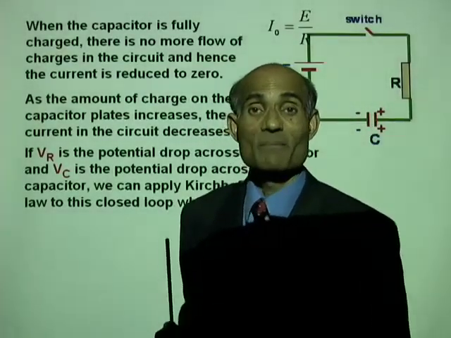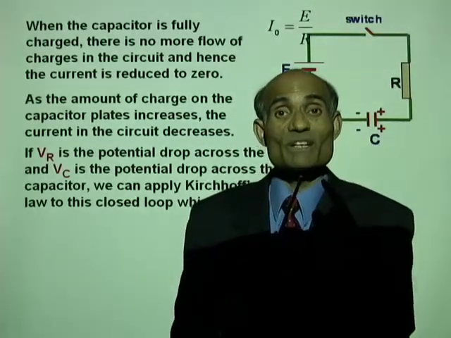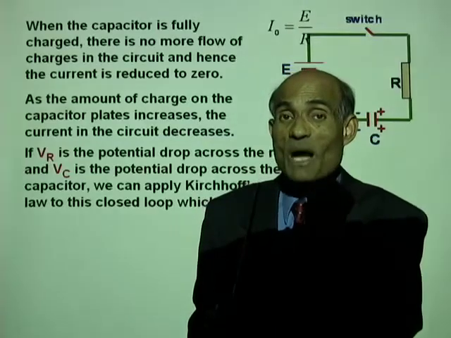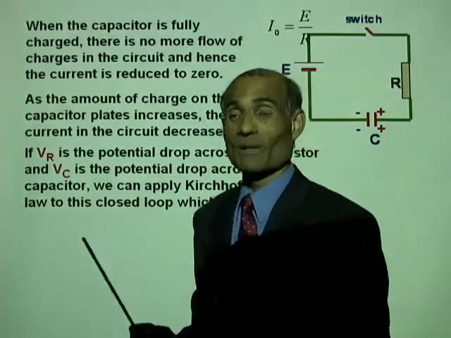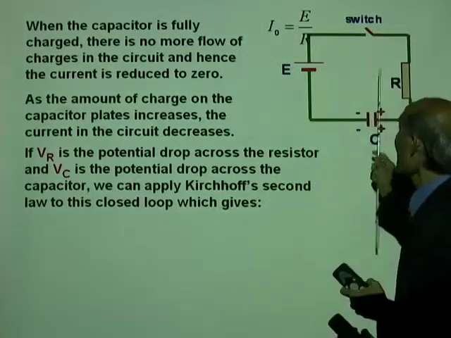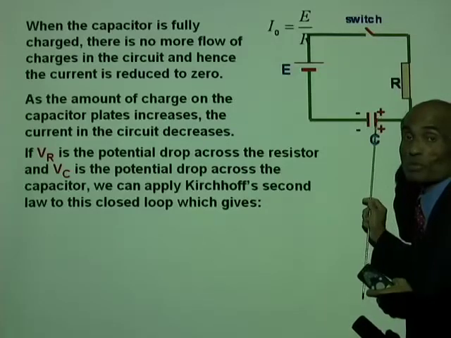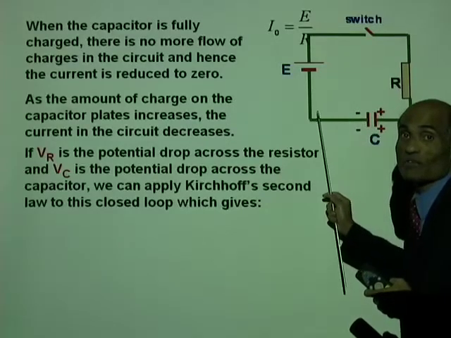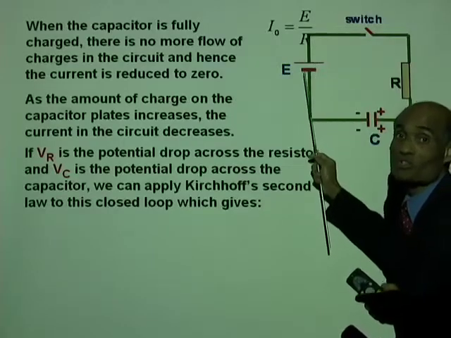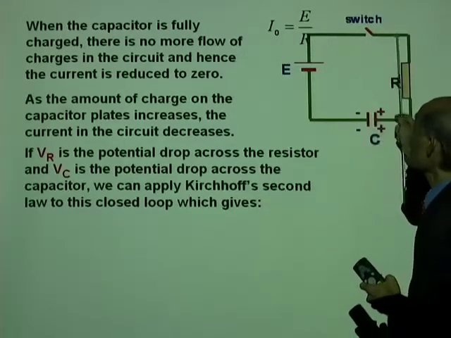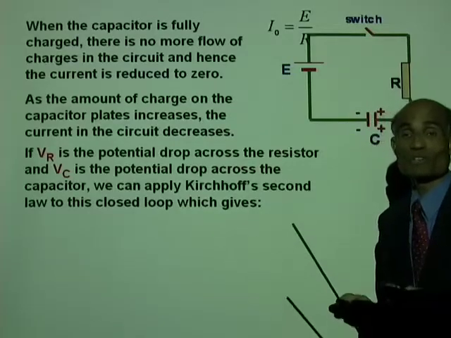It says in a closed loop circuit, the algebraic sum of the potential drops equals 0. That means if you add the potential drop across the resistor to the potential drop across the capacitor to the potential drop across the cell, which is the EMF, that sum will be equal to 0. That is what Kirchhoff's law says.